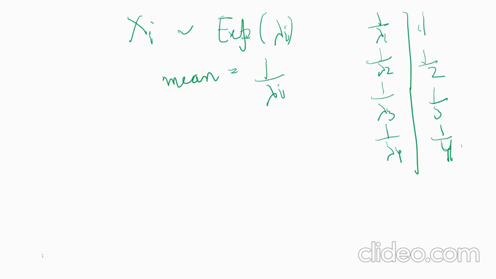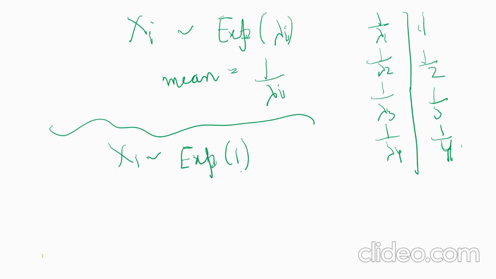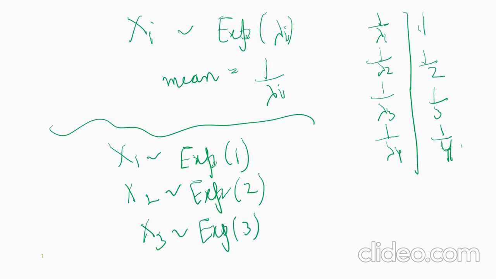Okay, so basically what we get from here is that x1 follows exponential 1, x2 follows exponential 2 because lambda2 will be 2, x3 follows exponential 3, and x4 follows exponential 4. Okay. So we have these 4.